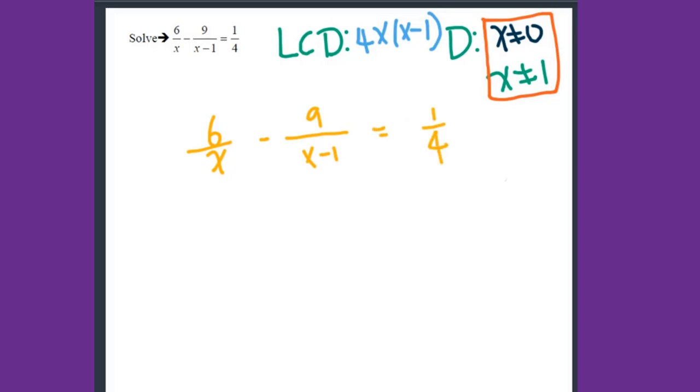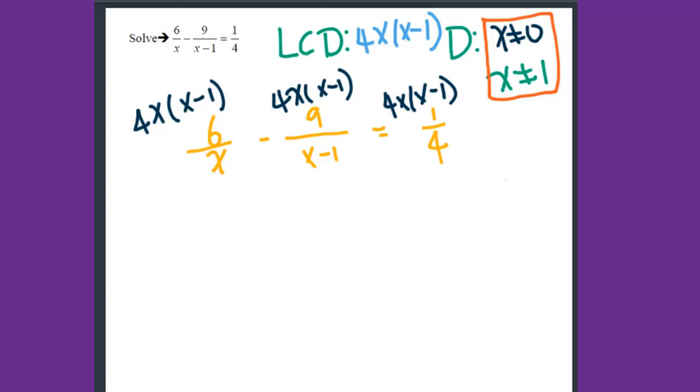So we multiply both sides of this equation by the LCD. The LCD is 4x times x minus 1. Then reduce: x is gone, x minus 1 with x minus 1, 4 with 4. Make sure there is no denominator.